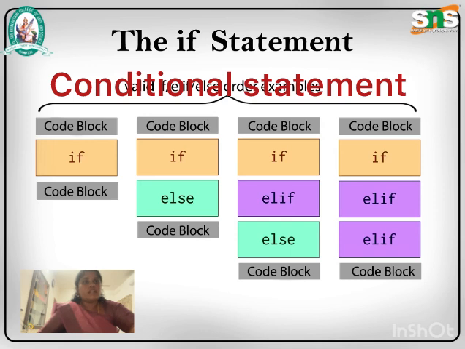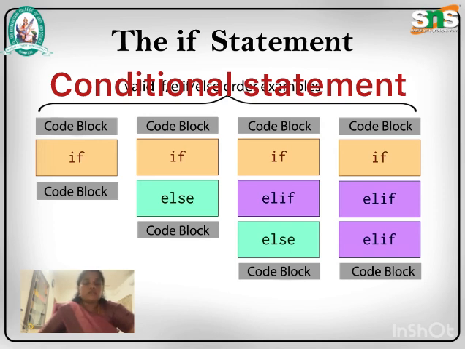Okay, so what is the definition of the if elif statement? This is the statement which is going to check multiple conditions in a program. In the previous examples we have discussed and used only one condition for evaluation. If the condition is true, what kind of operations are to be done? If the condition is false, what kind of operations are to be done? Only one condition is used.